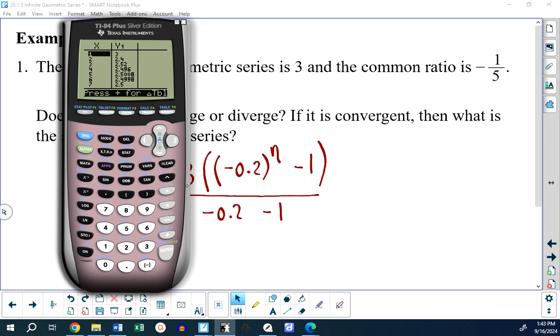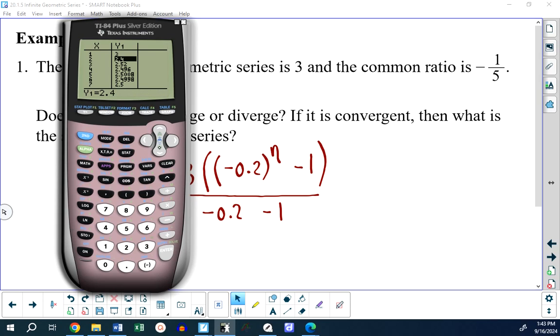If you multiply 3 by negative 1/5 and add that to 3, you will get 2.4. The reason the sum has gone down is the second term is negative. Think about that for a second: the second term is negative because of the negative common ratio. So S1 is 3, and when you add that negative second term, it gets less than 3 and becomes 2.4.